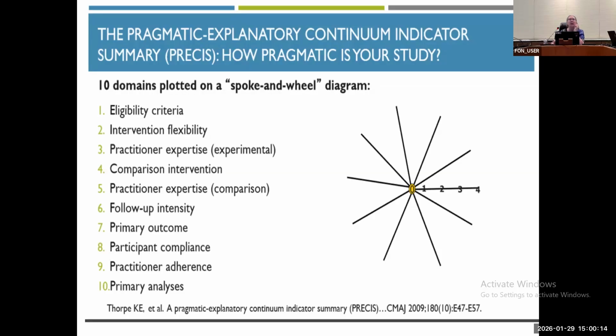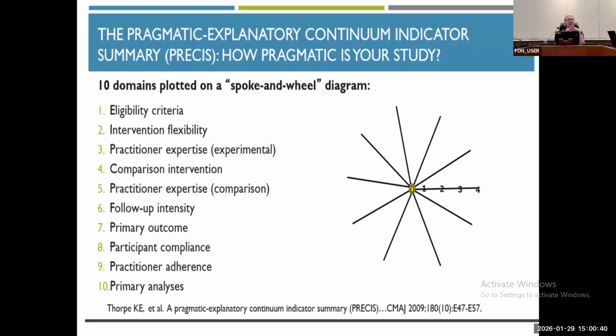When I submit a grant to the National Institutes of Health, I always answer these questions to determine whether I'm calling it an RCT or a PCT, because it depends where I am on the scale. So I look at my eligibility criteria. How broad or narrow am I?